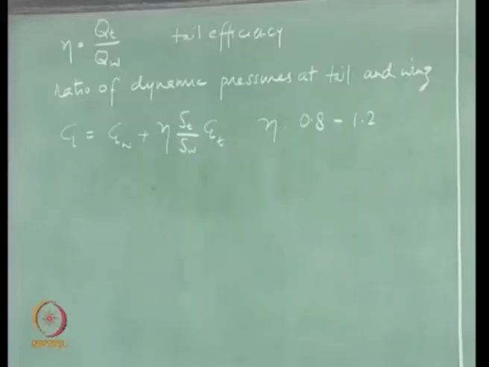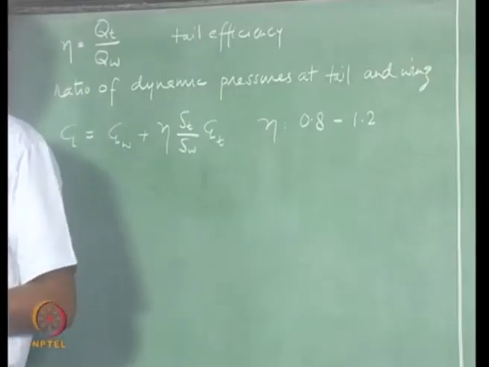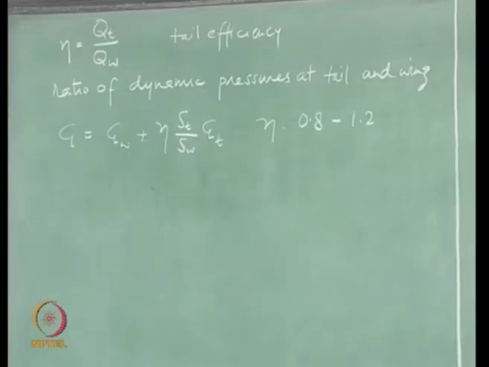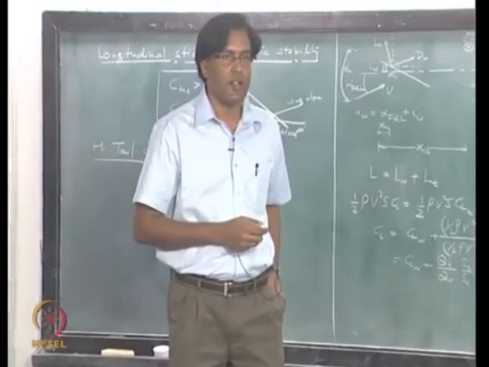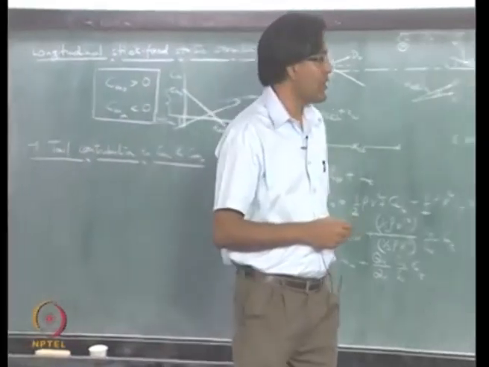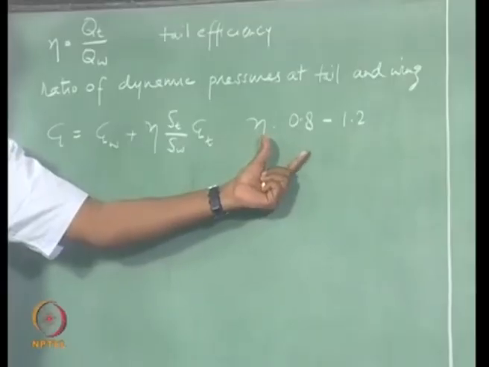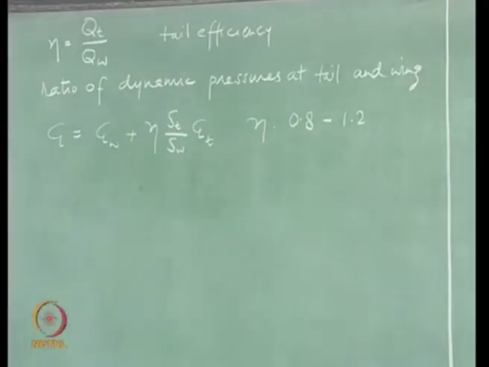So when do you think it will be 0.8 and when do you think it's 1.2? It is 0.8 when the tail is lying behind the wing, right, in the wake of the wing. If this tail is lying in front of the wing, then this quantity is greater than 1.